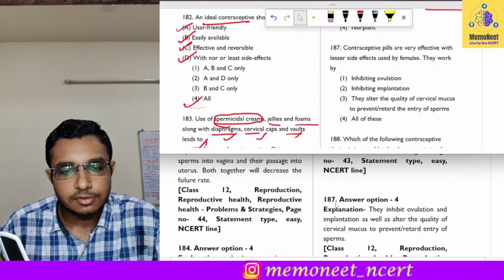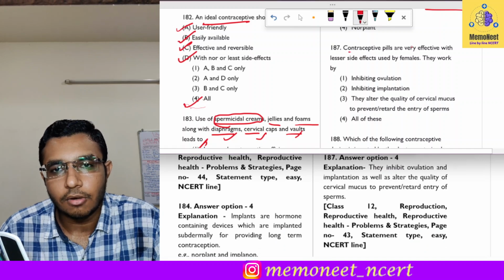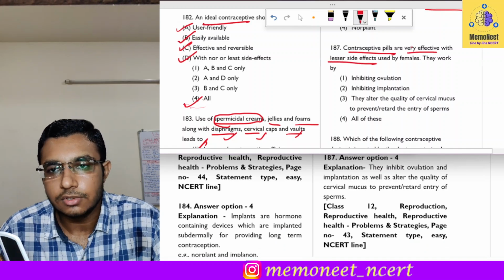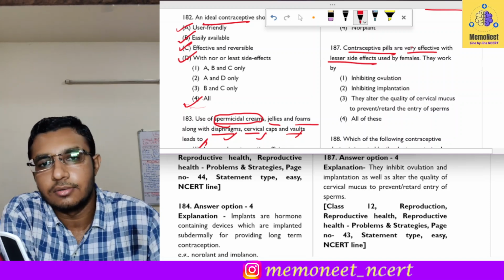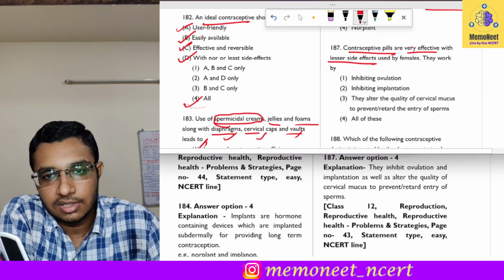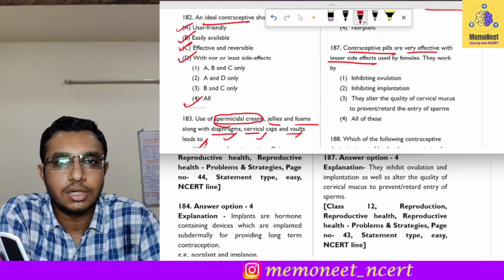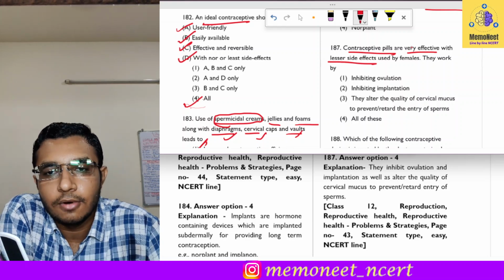Next question is question number 187, which states that the contraceptive pills are very effective with lesser side effects used by females. How do they work? So what is the mechanism of action of contraceptive pills? Now see, the contraceptive pills release hormones. They are a combination of estrogen and progesterone, or progesterone alone.